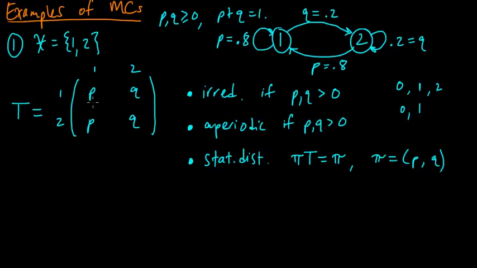So let's check that. If we multiply pi T here, thinking of pi as a row vector, then multiplying times the first column, we get the p factors out, and p plus q is 1, so we just get p. Multiplying times the second column, the q factors out, p plus q is 1 again, and we get q. So we just get back pi, (p, q), and so this identity is satisfied. So it does have a stationary distribution.